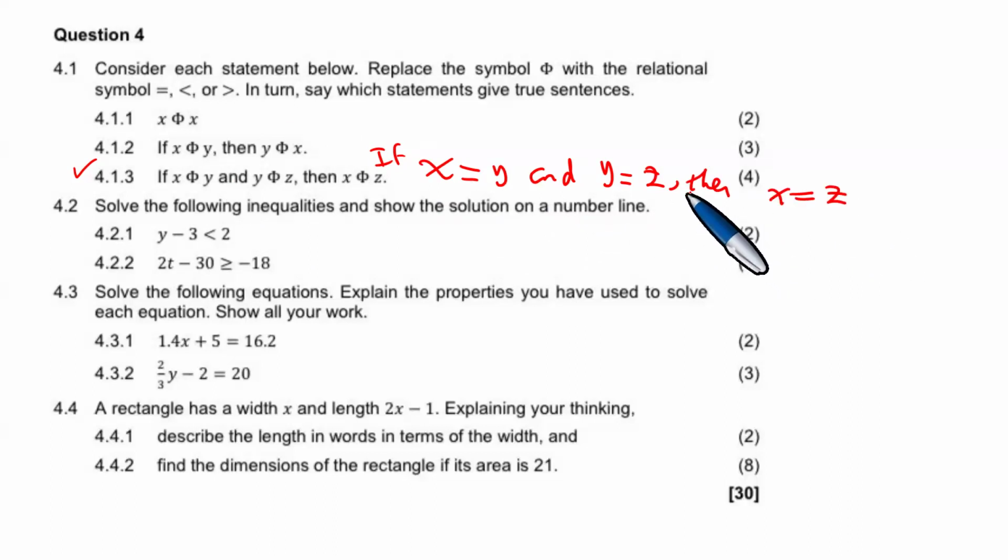So we continue and have a chance to solve these particular problems. Basically here it simply says that x is equal to y and y is equal to z, and then x is equal to z.